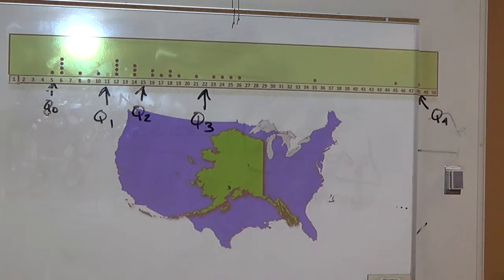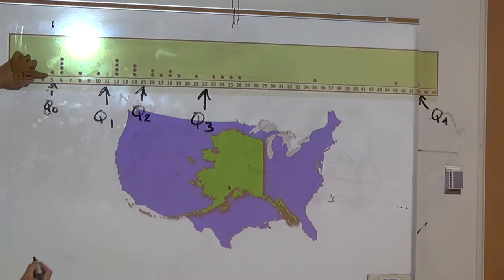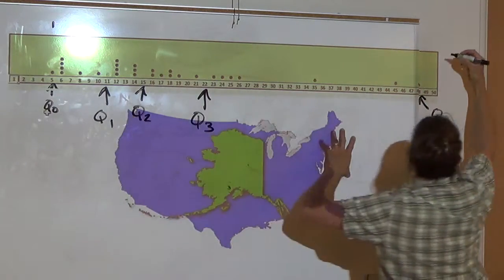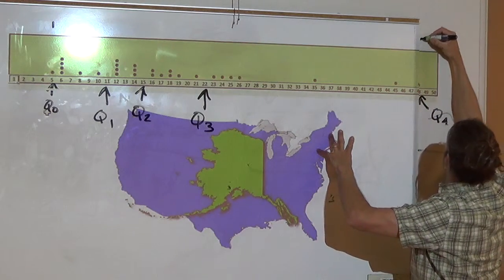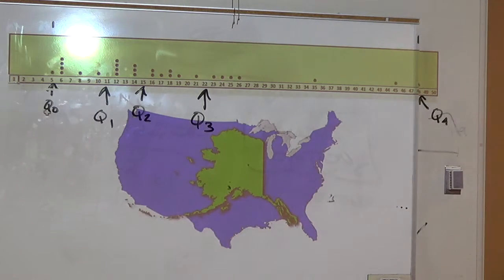But what is often used in statistics is called a box plot or a box and whisker plot. And here's how you draw it. And I'm going to show you how to do it in your TI here momentarily. You put a little tiny, what's called a whisker, above Q0. And you put the same little tiny whisker above Q4, with 48 right on the line there.